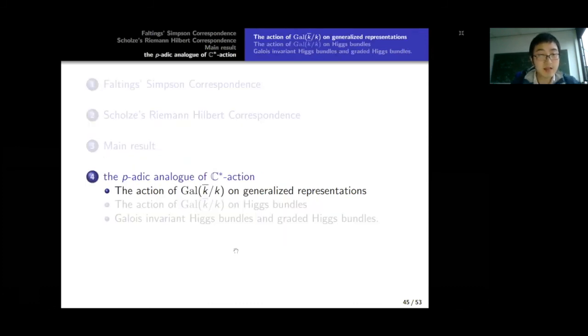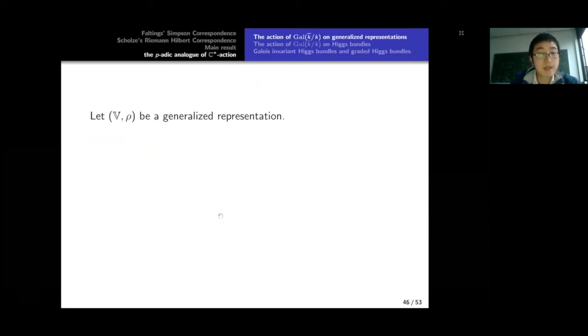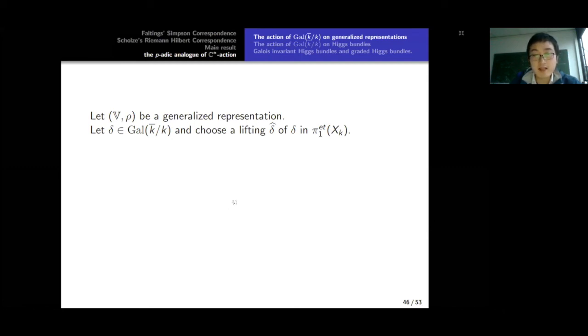Okay, next I want to talk about the p-adic analog of the C-star action. First, we introduce the Galois action on generalized representations. Let (V, ρ) be a generalized representation. Let δ be an element in the Galois group, and we choose a lifting δ hat of δ in the arithmetic fundamental group.